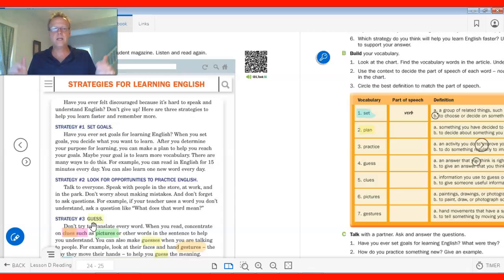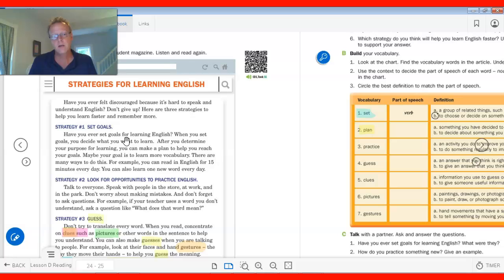So, again, by skimming and looking at the title, the subtitles, and frankly, reading the introduction and the first sentence in each paragraph, those are a couple other tricks that will help you quickly understand what the author's trying to convince you of.